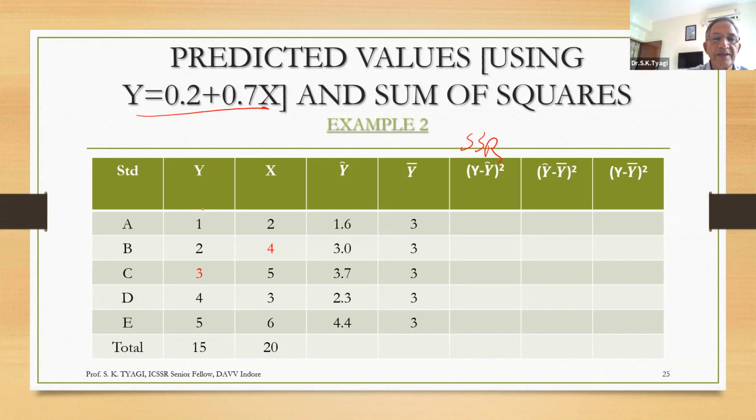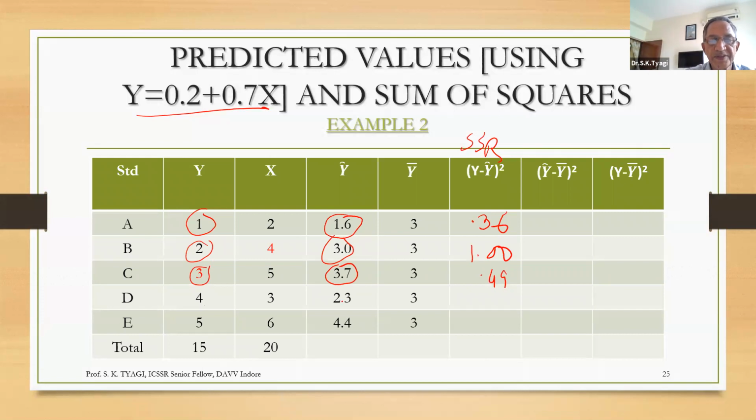So y and y predicted, the difference between these two, squared. So 1.6 minus 1, 0.6 and square is 0.36. 2 and 3, difference is 1. 3 and 3.7, difference is 0.7, square 0.49.